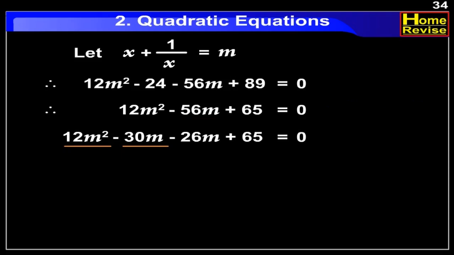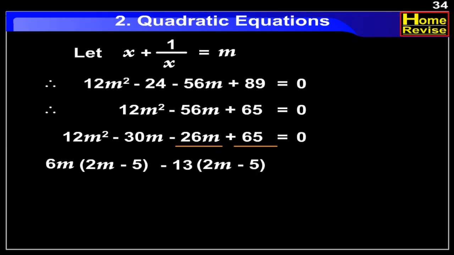Taking out 6m common from the first two terms, we have 6m(2m − 5). Now taking out −13 common from the next two terms, we have −13(2m − 5) = 0.